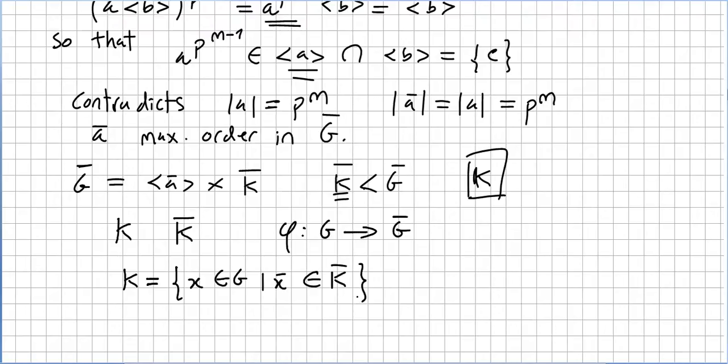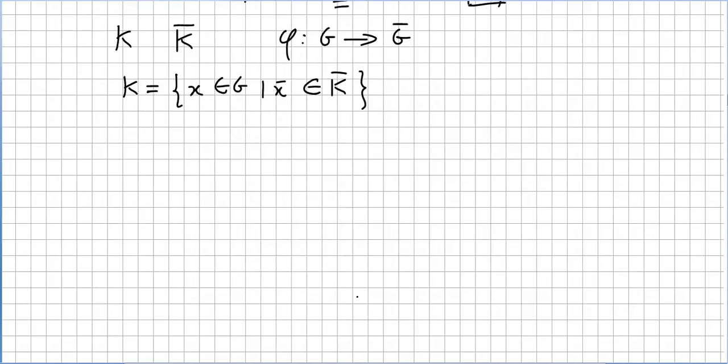Now we say, and this is a claim, that the set generated by A intersected with K is the identity. Why do we say that?